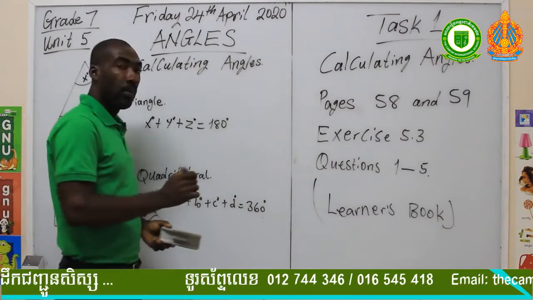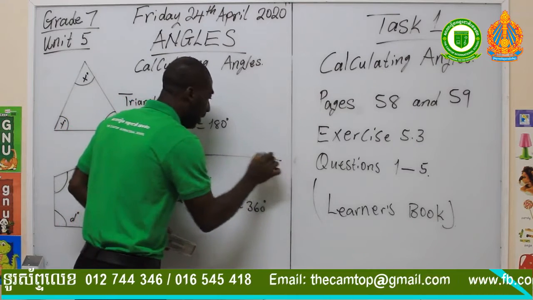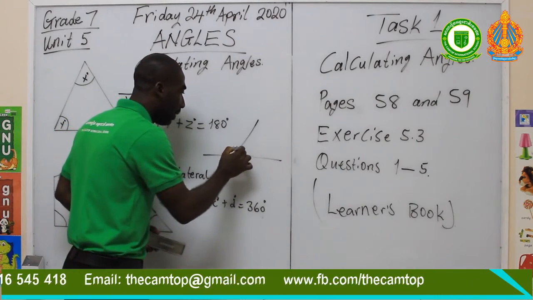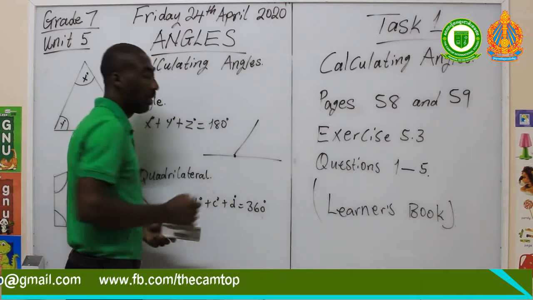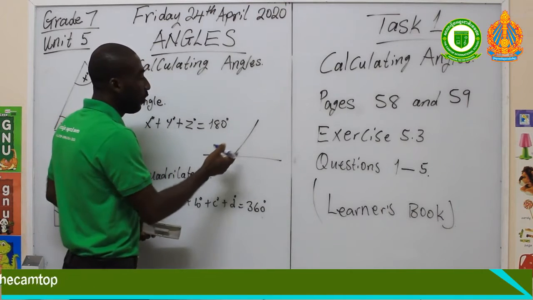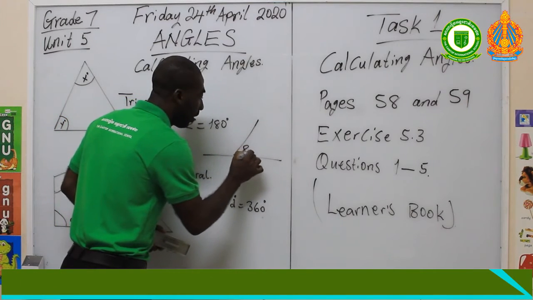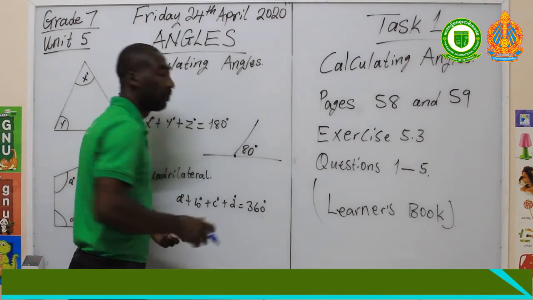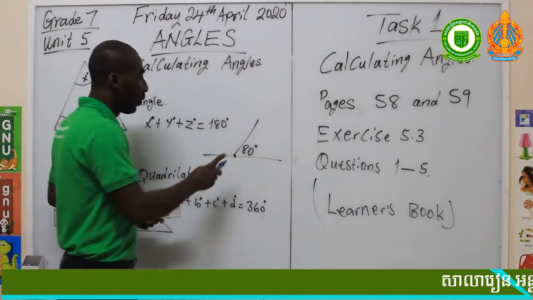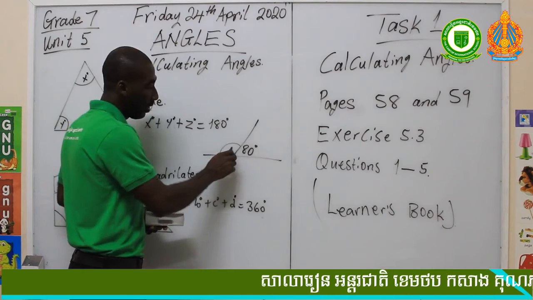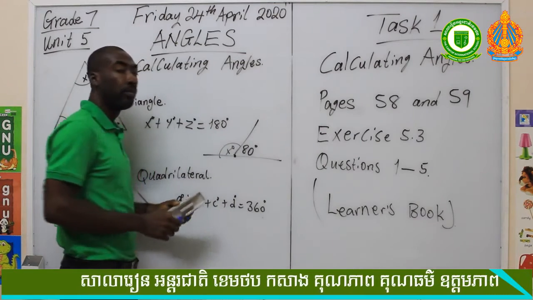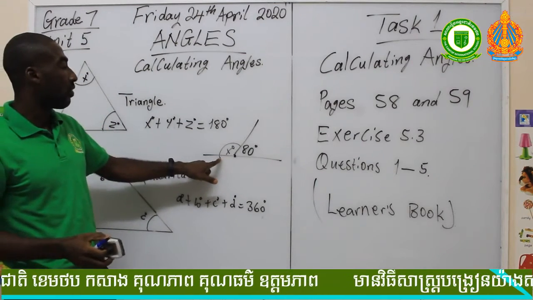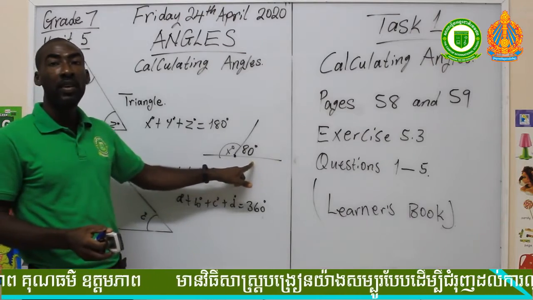Again, when you have a straight line with a line in between, if you have this side to be 80 degrees, and you are supposed to find x here, you should know that on the straight line, you have 180.